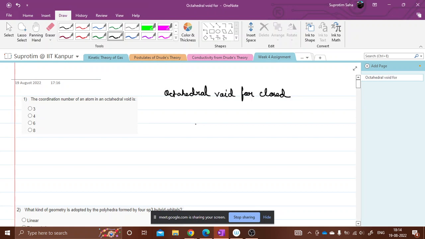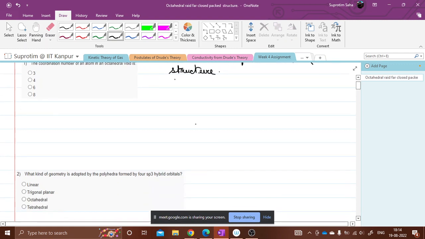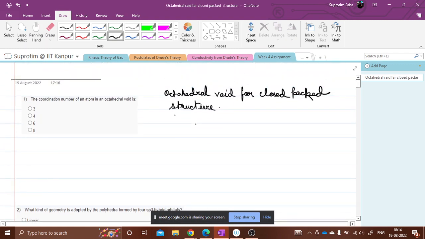Close packed structures would be your face-centered cubic, FCC, and similarly your hexagonal close packed structure.